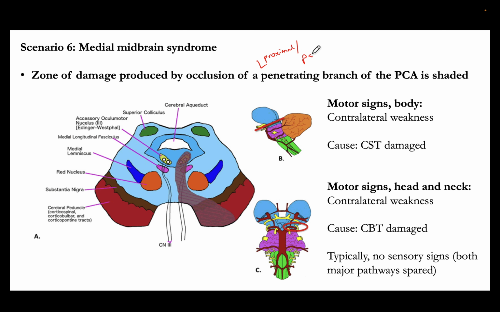And I'd just like you to put those terms in there so you can distinguish between proximal or paramedian, close to the midline, short and long as you move proximal to distal through each artery. So if we take this proximal and paramedian branch, we still have the potential for both corticobulbar tract and corticospinal tract damage, and there's typically no sensory signs. So both of the major sensory pathways are spared in this case.